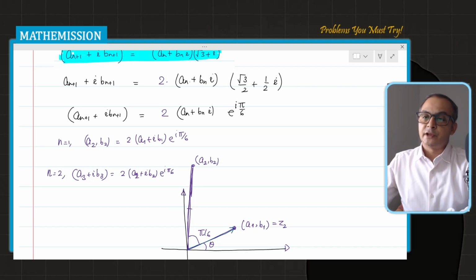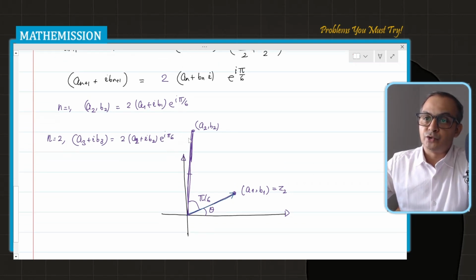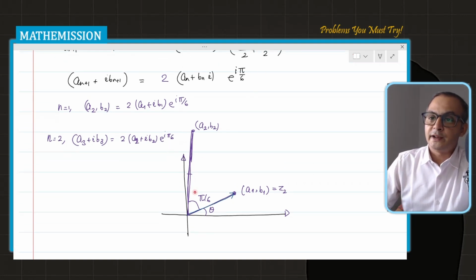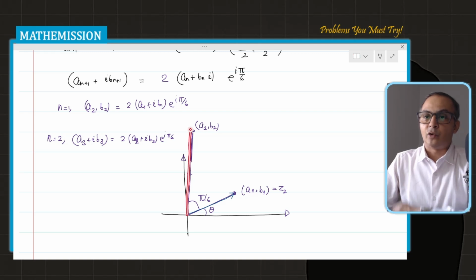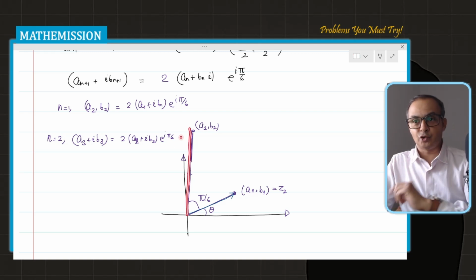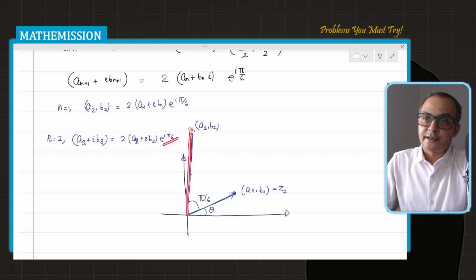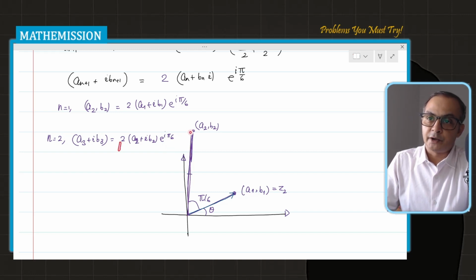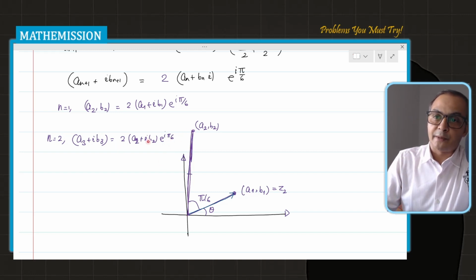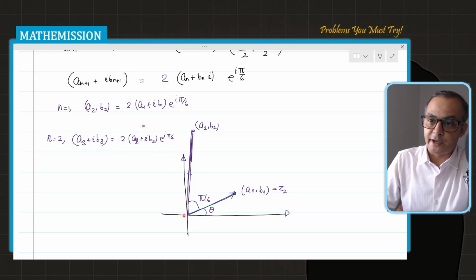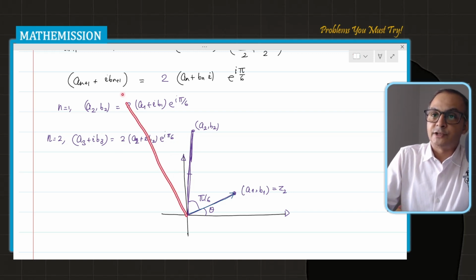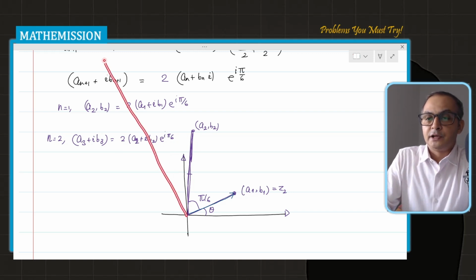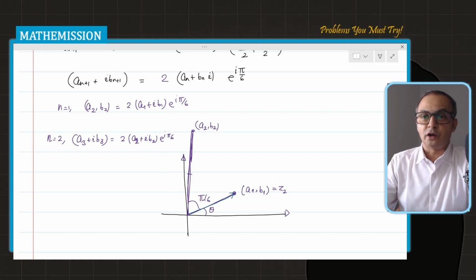You already had a2, b2 here. Now one more time you are scaling it 2 units, but at the same time you are rotating by pi by 6. So again rotate the same pi by 6 and scale it 2 units up. So this will be the position somewhere here, a3, b3, and the sequence goes on and on.